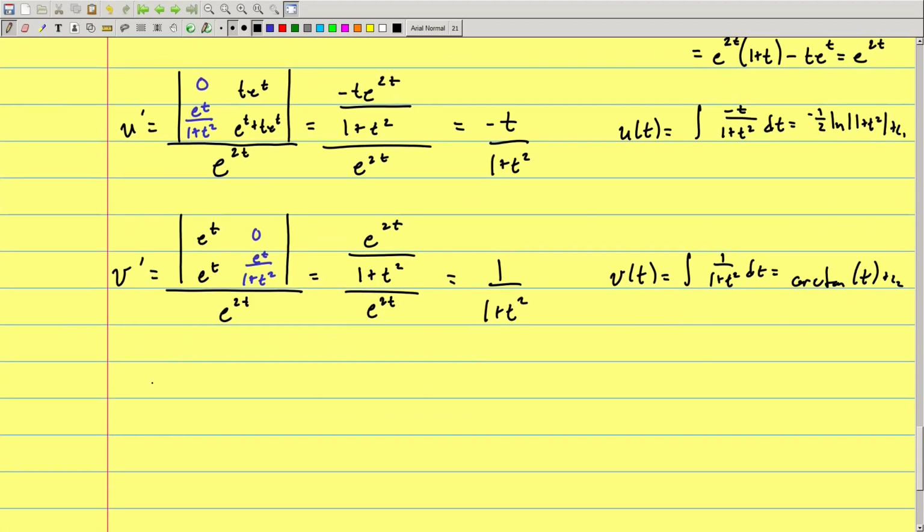And so we can now put into our expression these functions that we have determined. We get negative 1/2 the natural log of the absolute value. We can drop the absolute value because 1 plus t squared is a quantity that is always positive.